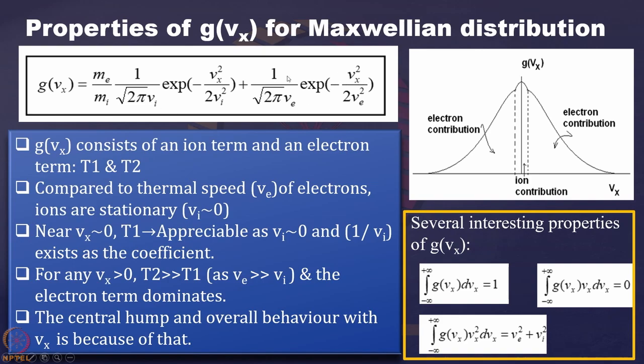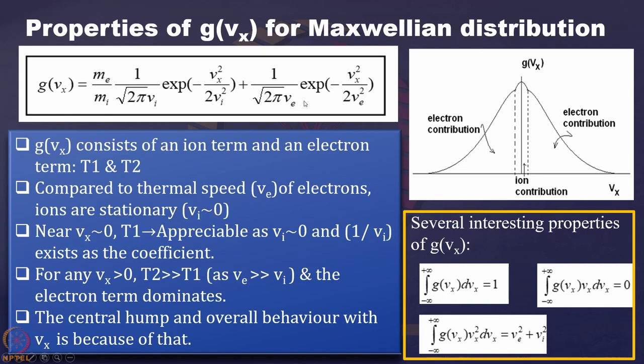So at Vx equal to 0, it is 1 by Vi and 1 by Ve, and because Vi is low, 1 by Vi is much higher compared to 1 by Ve.